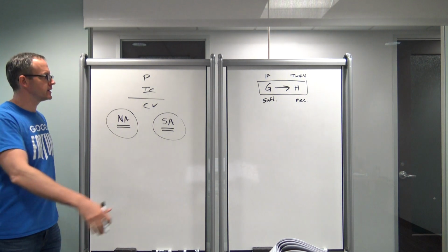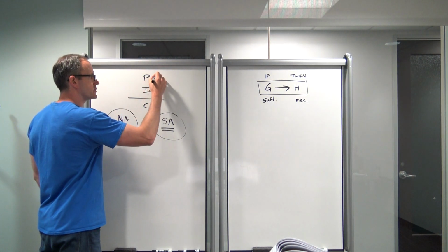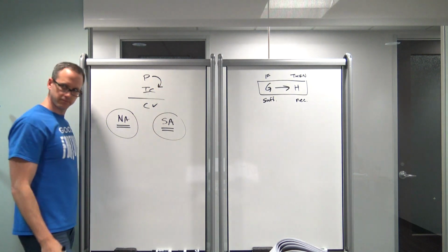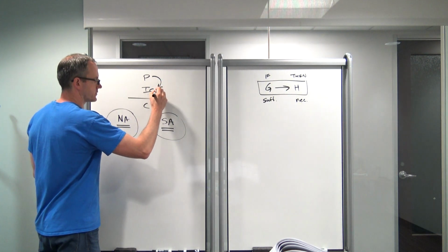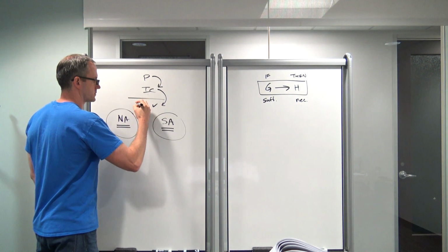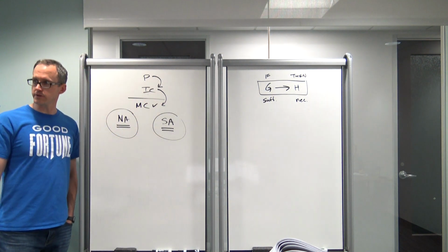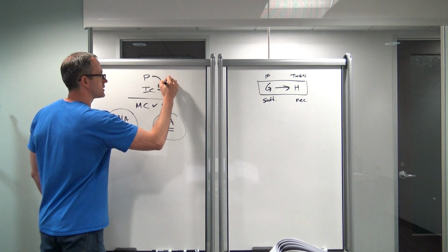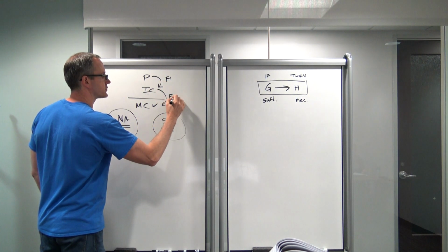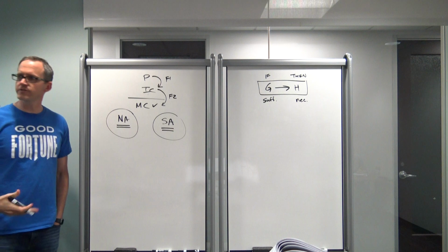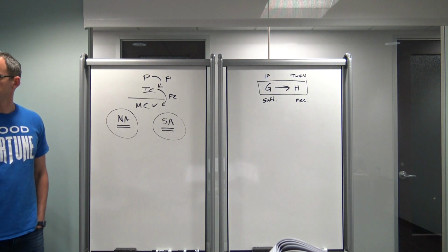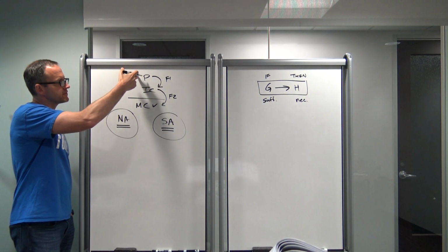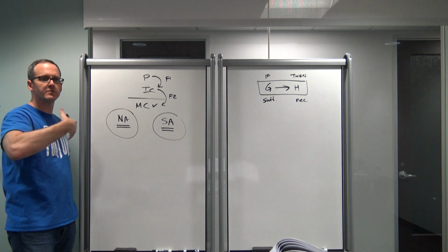Sound good? And there was a jump in reasoning going from here to here, and there was a jump in reasoning going from here to the main conclusion. So this argument has two flaws. Flaw number 1 is right here, and flaw number 2 is right here. And both of these flaws are essentially assumptions.